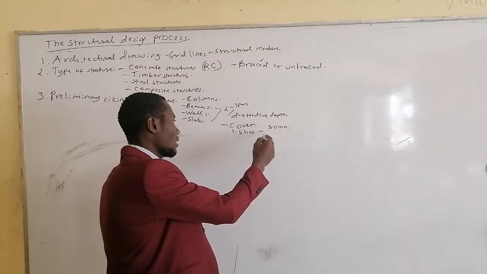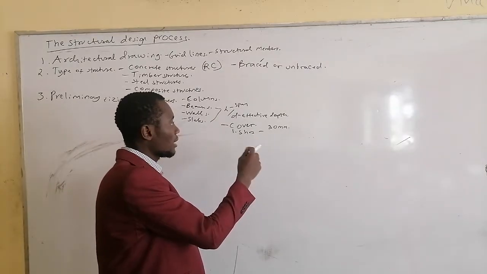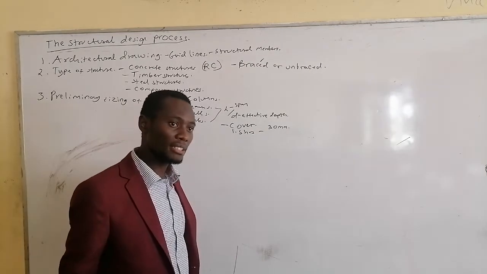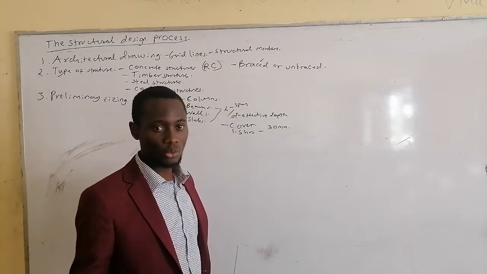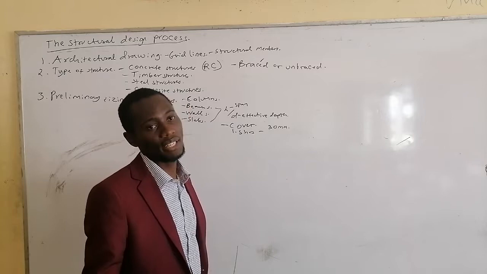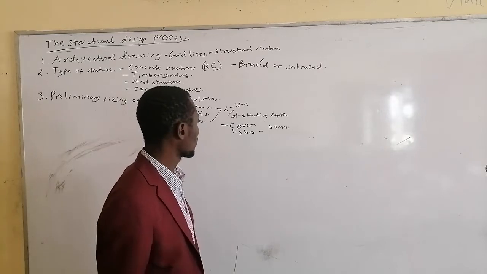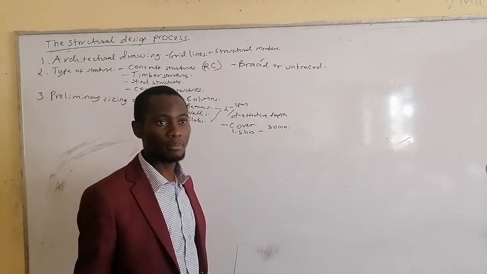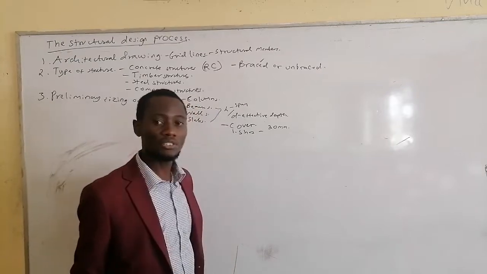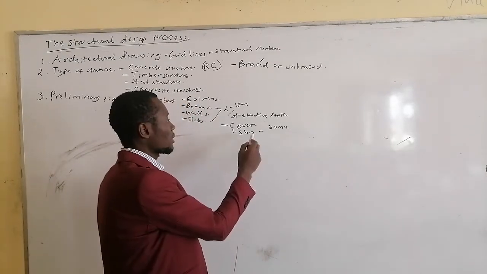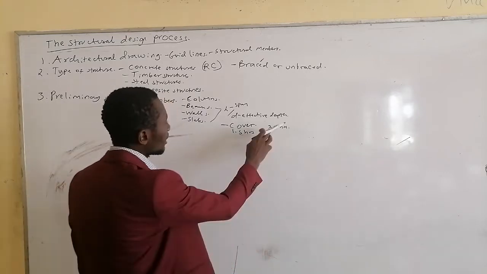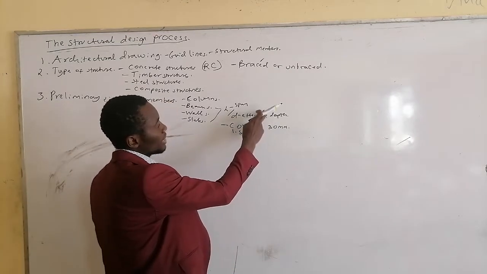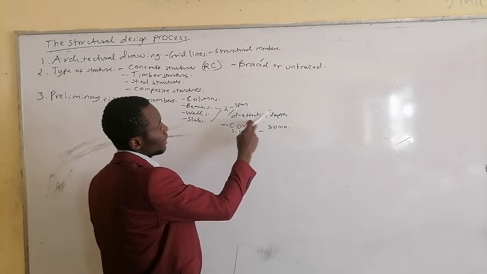And in the design of the resistance of an RC element to fire, we normally can use the British standards, Eurocode, or any other code. We have also done a video on the same, so you could check in our videos where we have talked about designing for cover and structure. So these can also guide us.